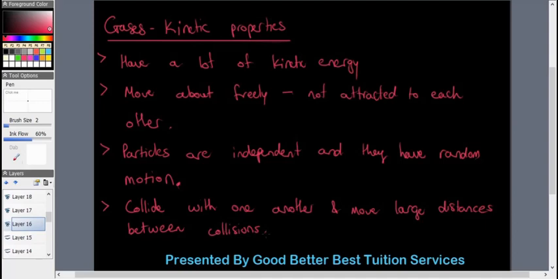There wasn't a big movement or a large distance between the particles once they collided in a liquid. But in a gas, of course, the opposite is true. They move very far apart from each other when they do collide.